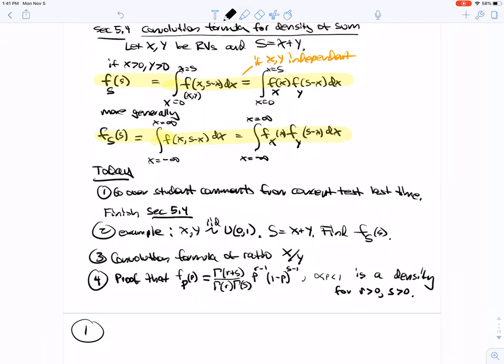We'll introduce the convolution formula for the ratio of two random variables. And finally, we'll prove that what I showed you as the density for the beta actually is a density. It does integrate to 1. So lots to do today.